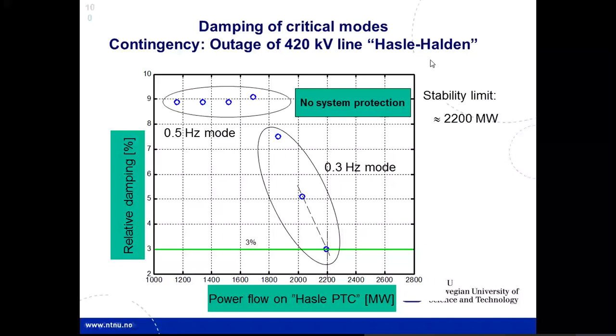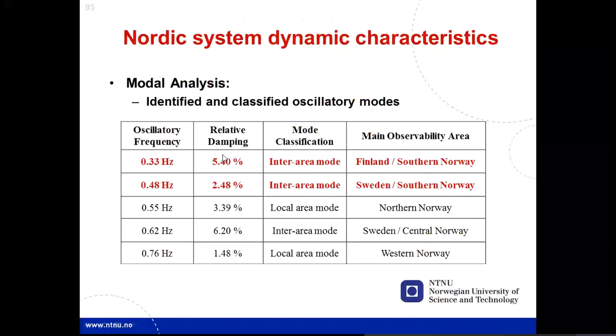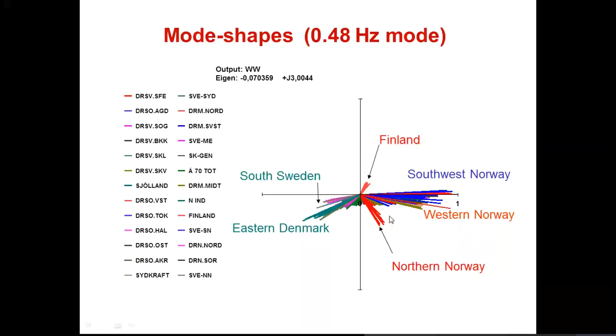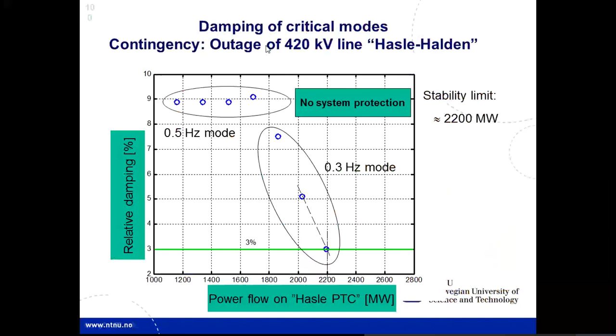If I go back to the slide, this is Hasle, and then you have Halden here. It is in the south of Norway region. So the line that connects Hasle and Halden is a 420 kV line. They had the tip of the line, and they had kept the stability limit at something like 2200 megawatt.